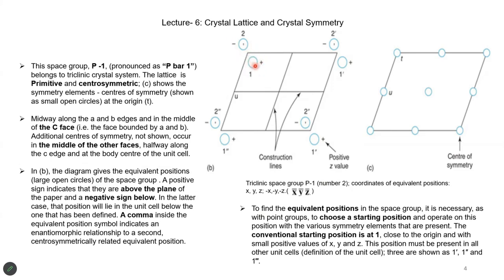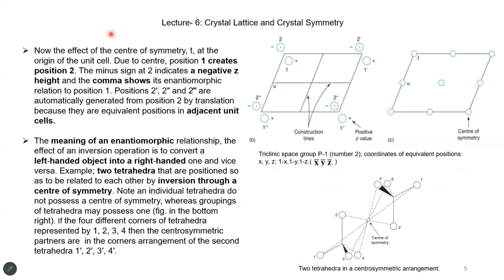This one is above the C-axis, or above the plane of paper, and this one below the plane of paper. And this comma means that this is an enantiomorphic notation. We come to this enantiomorphic notation later. After this, we'll go to the next slide.